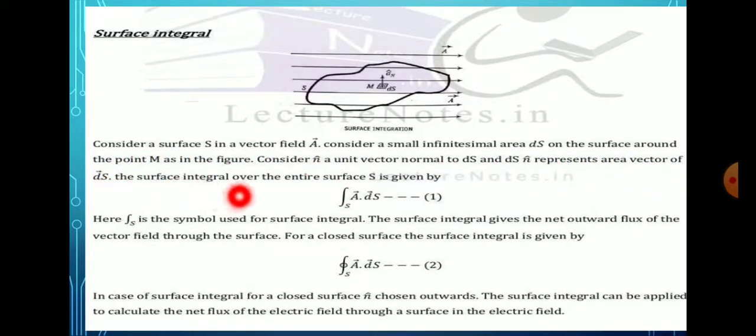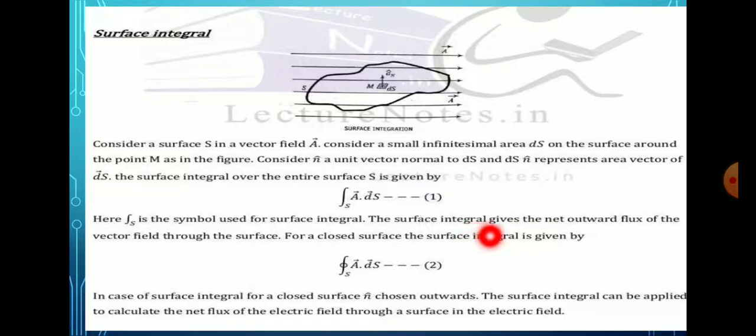The surface integral over the entire surface is given by the integral over S of A bar dot ds bar, that is equation number 1. Here the integral over S is the symbol used for the surface integral.